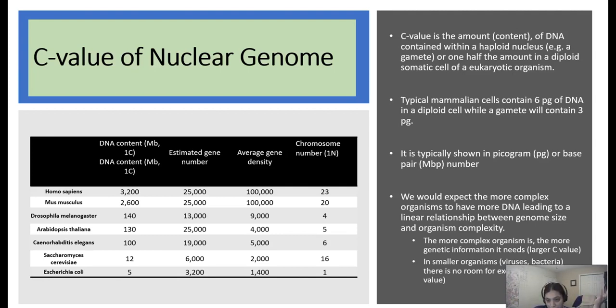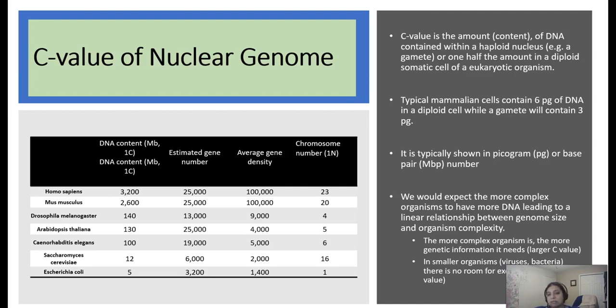So generally speaking, you would expect that the more complex an organism, the more DNA should be there, right? And so there should be some type of a relationship, hopefully a linear one, between genome size and the complexity of an organism. So basically, the more complex organism, the larger the C value. Smaller organisms like viruses and bacteria, you would expect that they would not have room for extra stuff, so they will have a smaller C value.